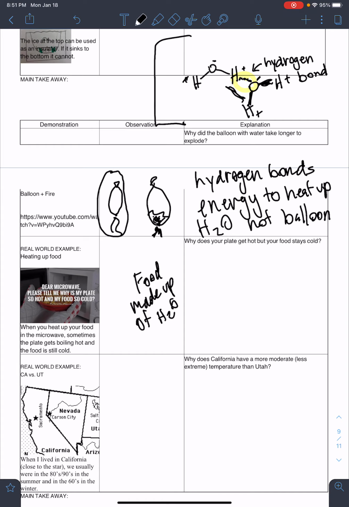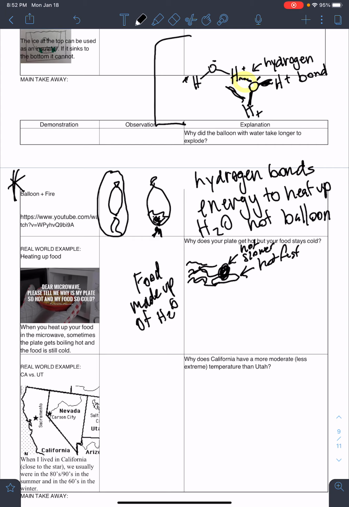And so we can use the same ideas that we're thinking about here with this balloon and the fire. When the microwave is trying to heat up our food and our plate, it has a plate here, and it has the food on top. When the microwave is trying to heat it up, this plate is going to get hot fast. And this food is going to get hot slower. Why it gets hot slower is because of the hydrogen bonds in there.